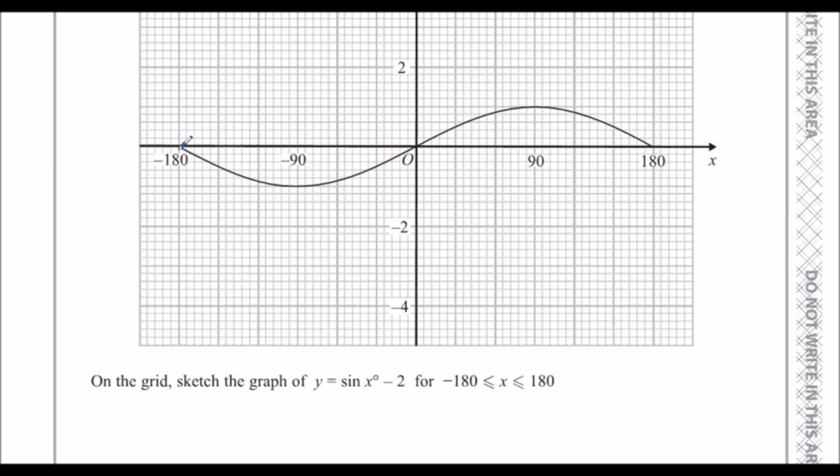So we were at 0 here, we go down to minus 2. Minus 1 at minus 90 is going to go down to minus 3. 0 at 0 goes down 2. 1 at 90 goes down 2. And our 0 at 180 goes down 2. So we just need to join these points up.